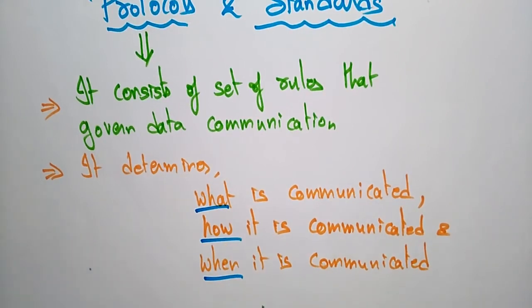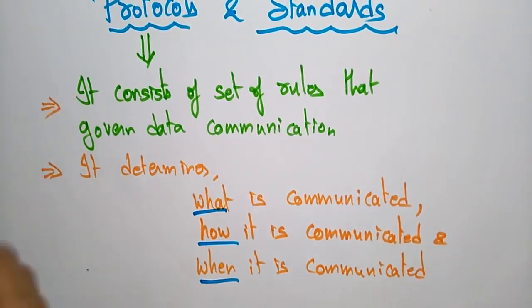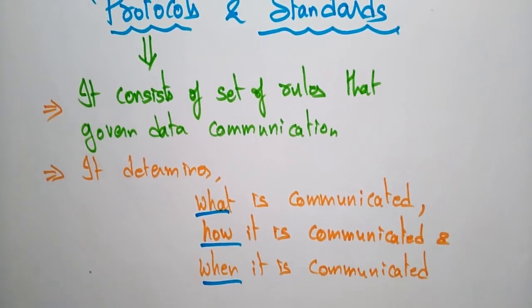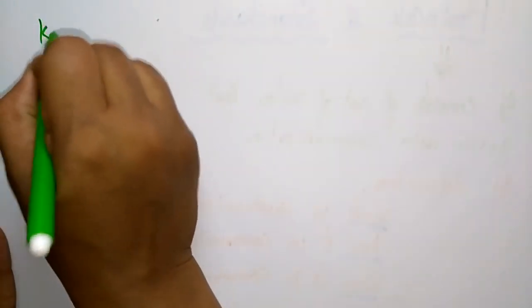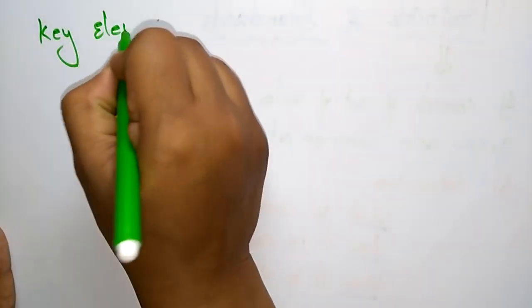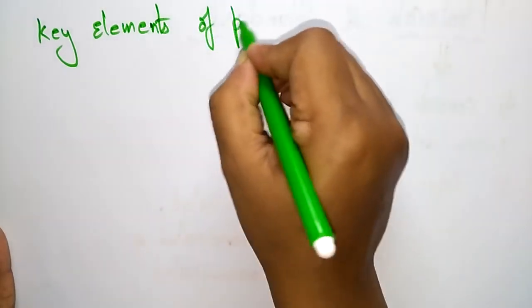Now let's see the key elements that are present in protocols. This is the definition of protocol, and the protocol determines what is communicated, how, and when. And what are the key elements of protocols?